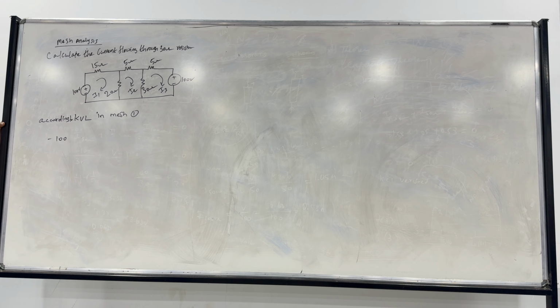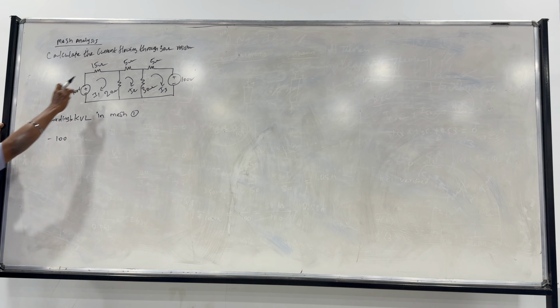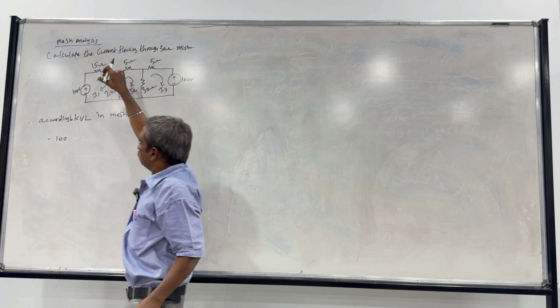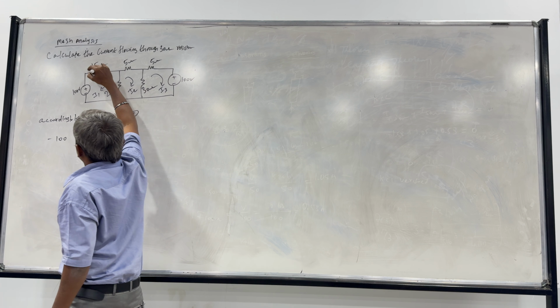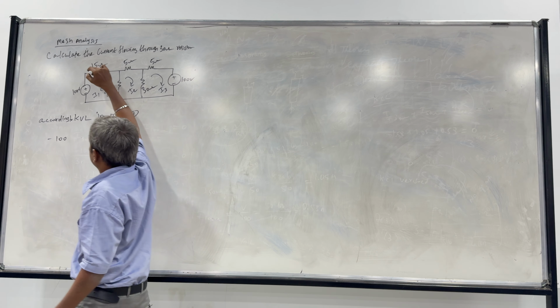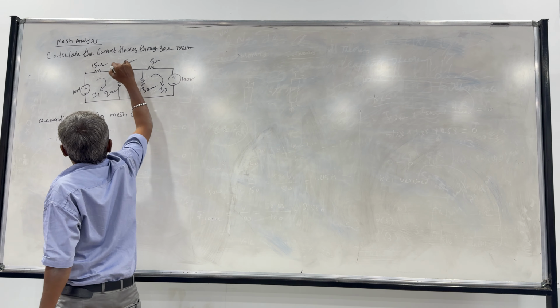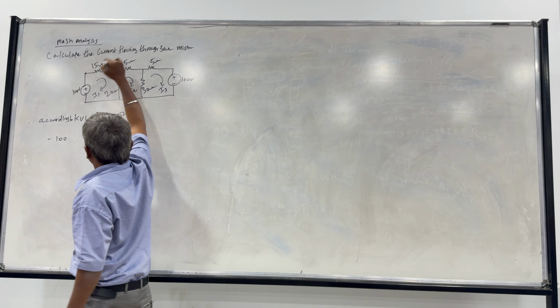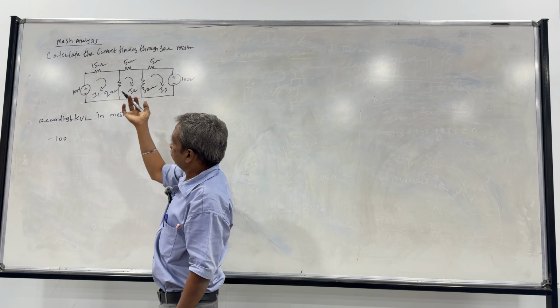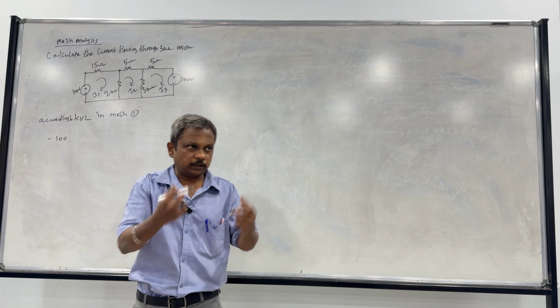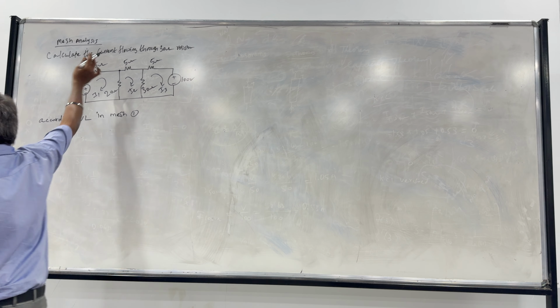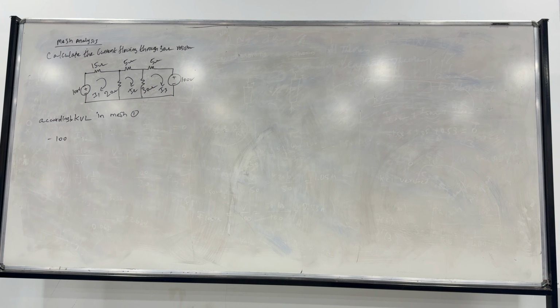Any doubt? Now coming to this resistance, this resistance also will have a potential, it will hold a potential at these 2 points, at its 2 ends. Is this absorbing power or delivering power?